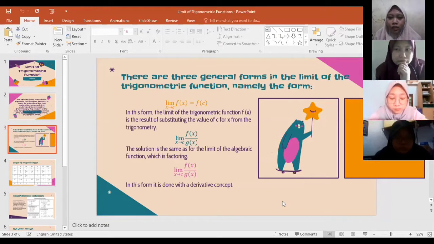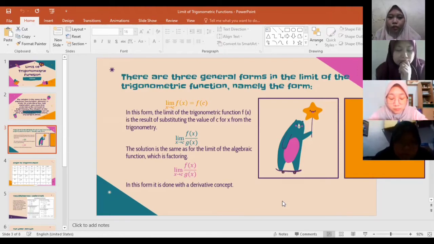The first is limit x to c of f of x equal to f of c. In this form, the limit of the trigonometric function f of x is the result of substituting the value of c for x from the trigonometry. And the second is limit x to c of f of x divided by g of x.